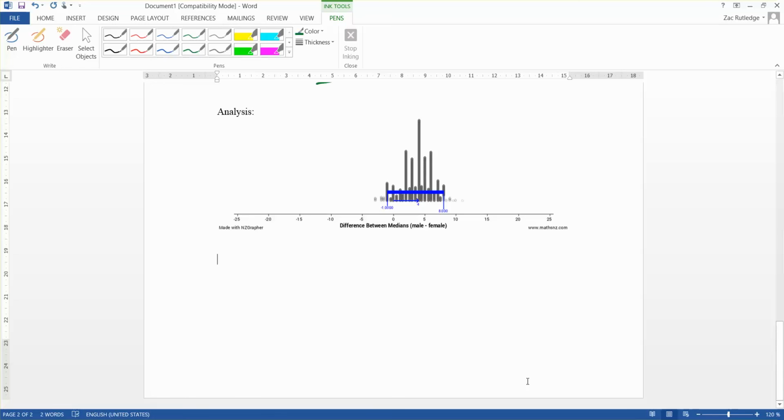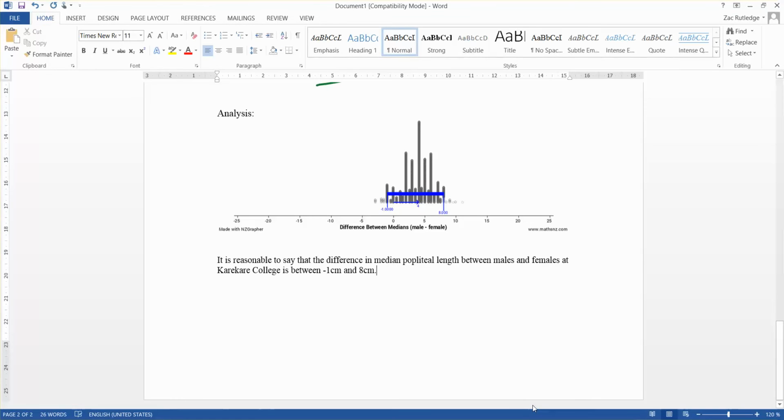Okay, so here we go. Analysis of this confidence interval. First of all, we could say it is reasonable to say that the difference in median popliteal length between the males and females at Karikari College is -1 centimeters to 8 centimeters. Then we could say this means that we could expect the median popliteal length at Karikari College to be between 1 centimeter larger for females to 8 centimeters larger for males.